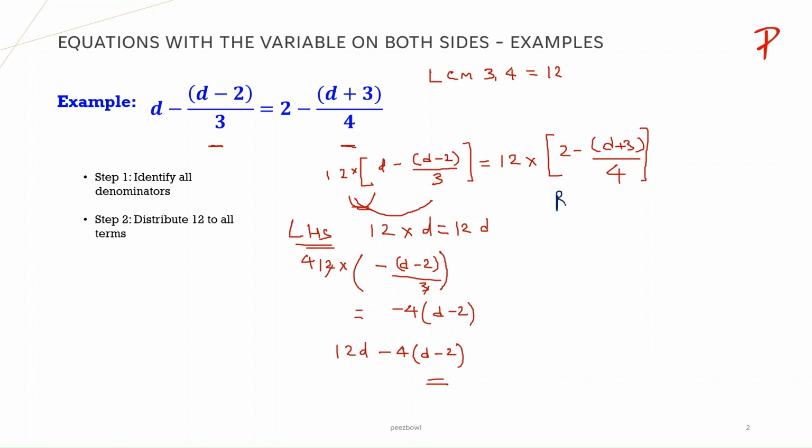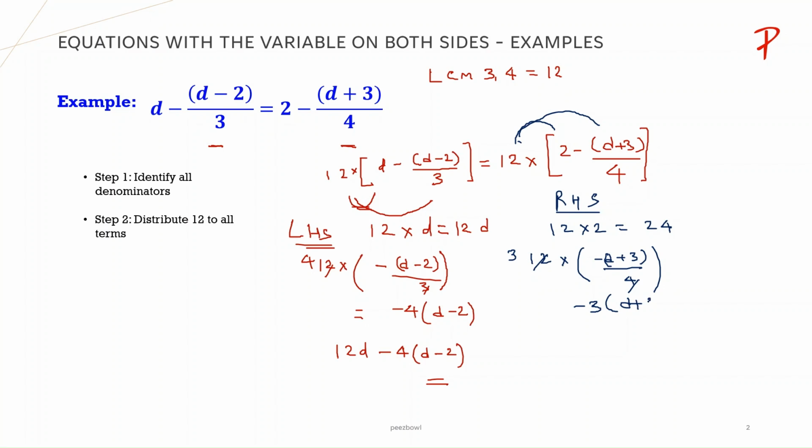Similarly, on the RHS, 12 will be multiplied by both 2 and (d plus 3)/4. So on the RHS we will have 12 multiplied by 2, this is 24, and 12 multiplied by minus (d plus 3)/4. 4 threes are 12, so this term will be minus 3(d plus 3).